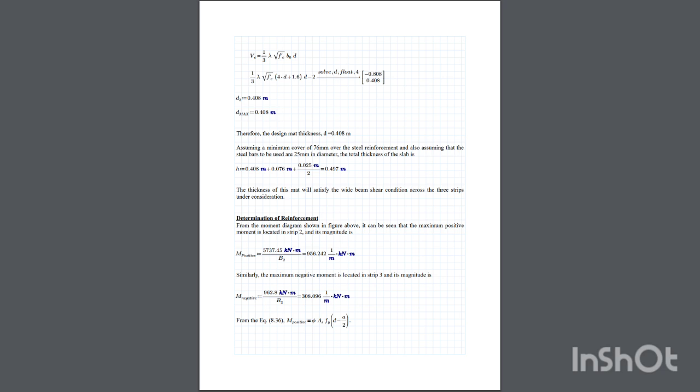Therefore, the mat thickness is equal to D, 0.408 meter. Now h is equal to 0.408 meter plus 0.076 meter plus 0.025 meter over 2, which we get 0.497 meter. So the thickness of this mat will satisfy the wide beam shear condition across the 3 strips under consideration.